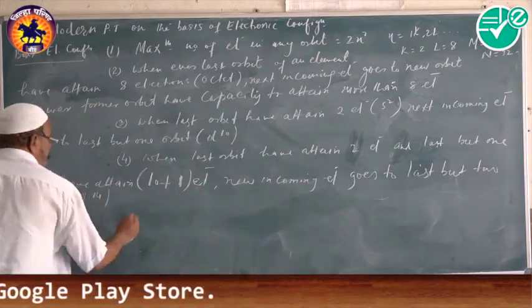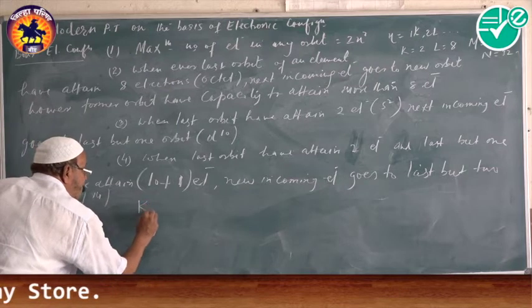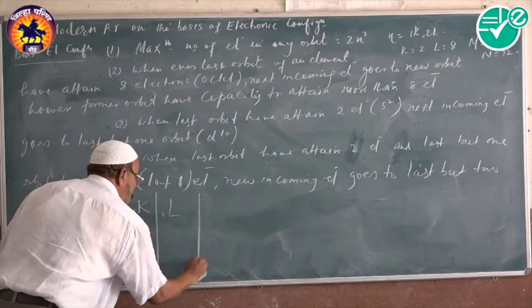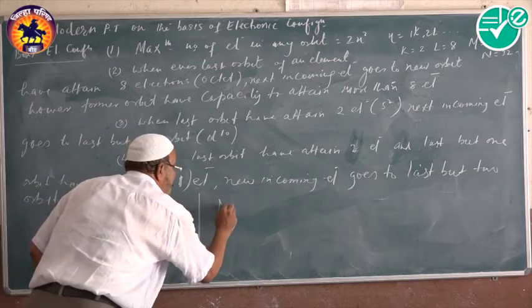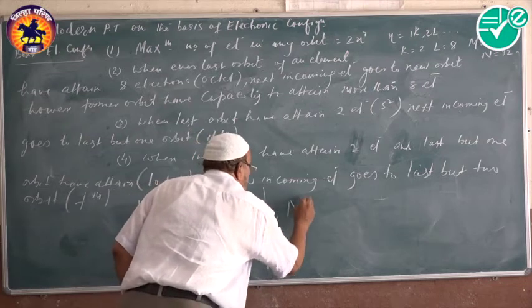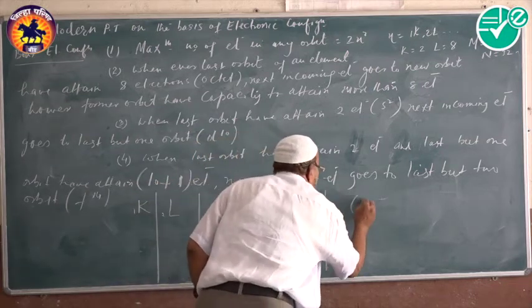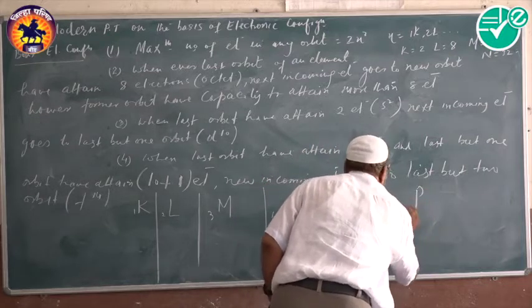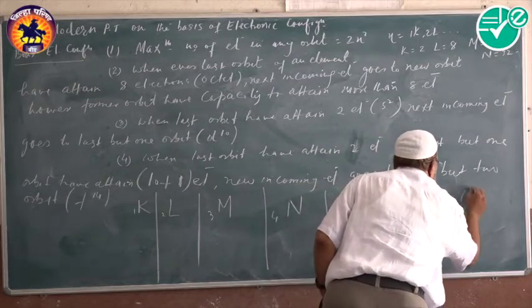Now see, this is your orbit number 1, this is orbit number 2, orbit number 3, 4, 5, 6, 7.